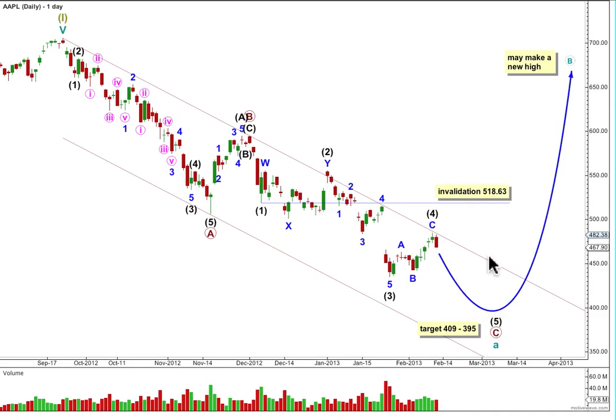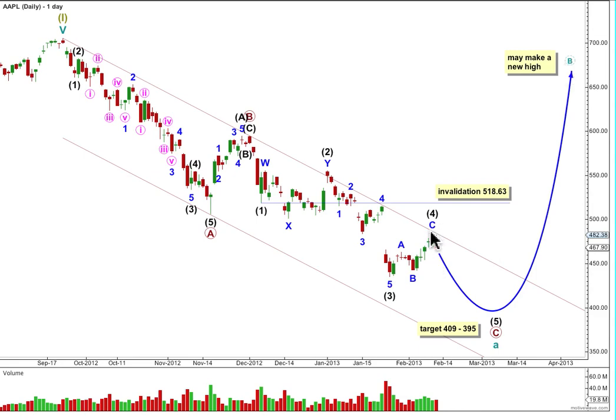Intermediate wave 5 may end either midway in the channel or about the lower edge. And subsequently, after this 5th wave is over, a clear breach to the upside of this channel would indicate that cycle wave A would be complete and cycle wave B upwards would then be underway.